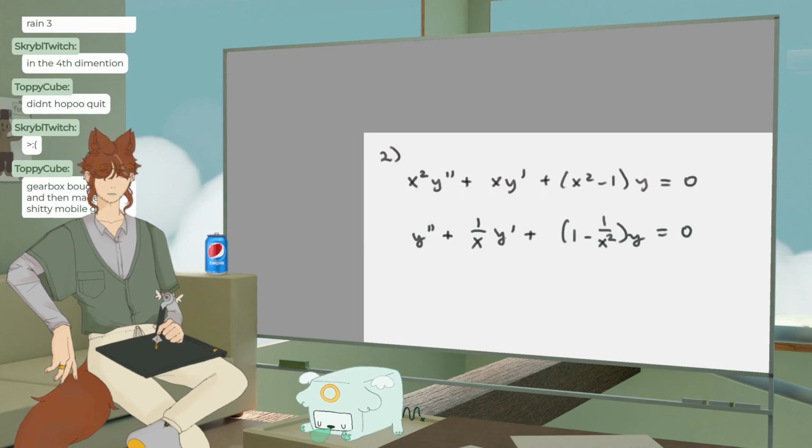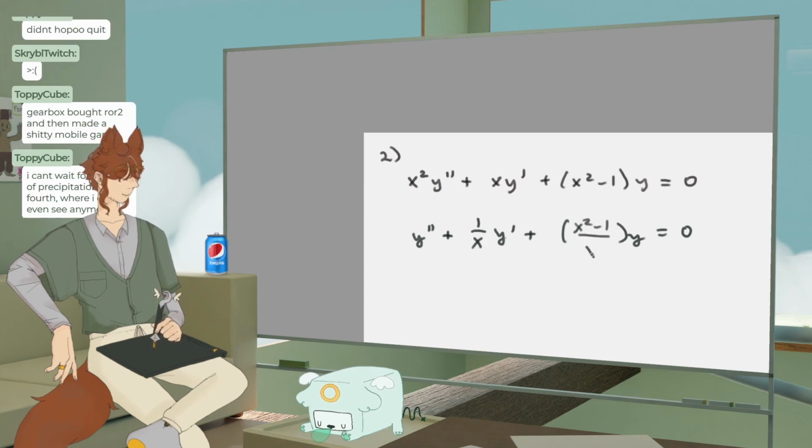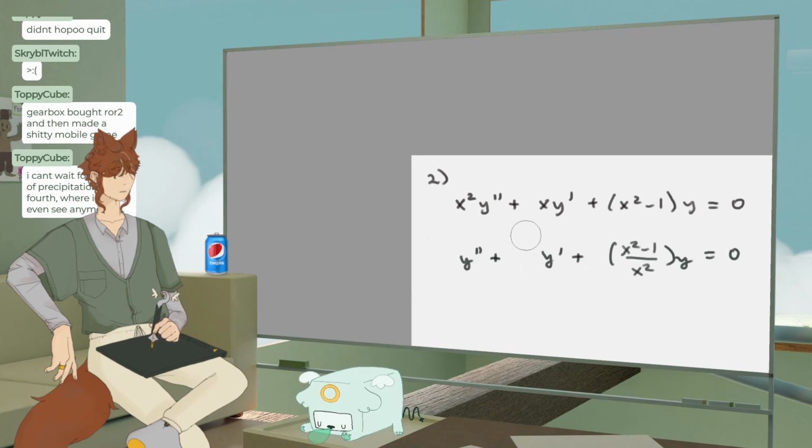It's an irregular singular point. Wait, x squared over x squared. Since... Oh, wait. Oh, I see. I see what I did. Do you see what I did? Wait, no, I don't know if I can call this one.